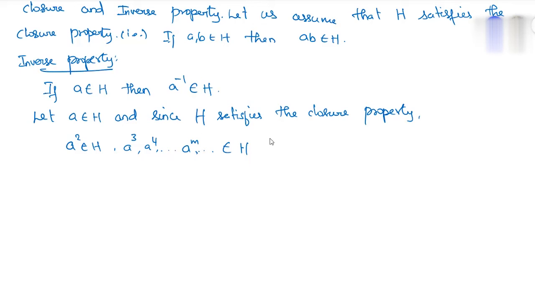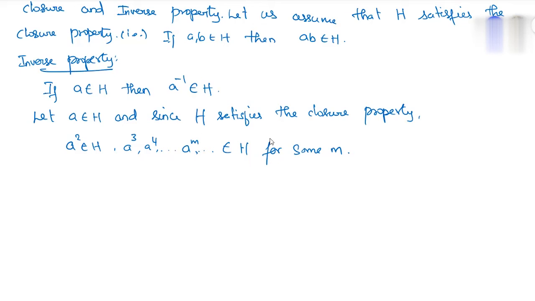A cube belongs to H, a power 4 belongs to H, a power m belongs to H for some m. Every power of a will be in the subset H.